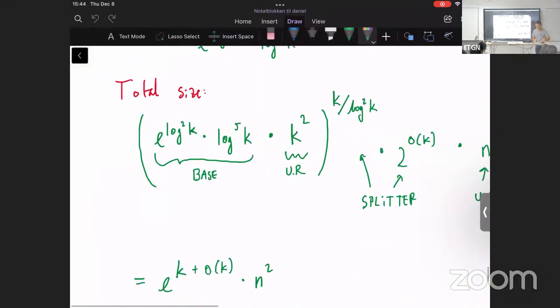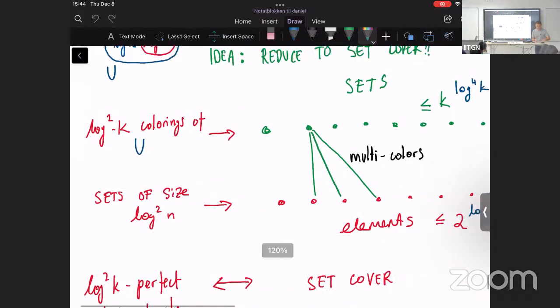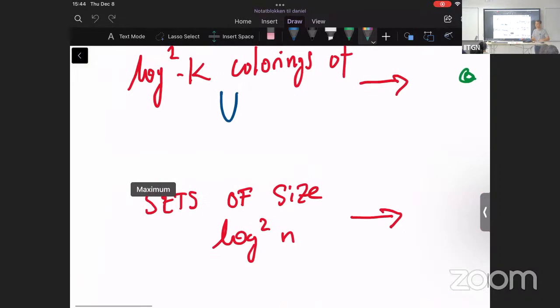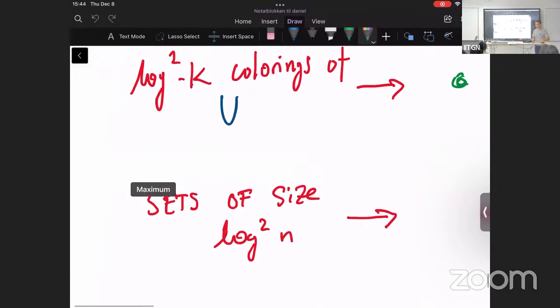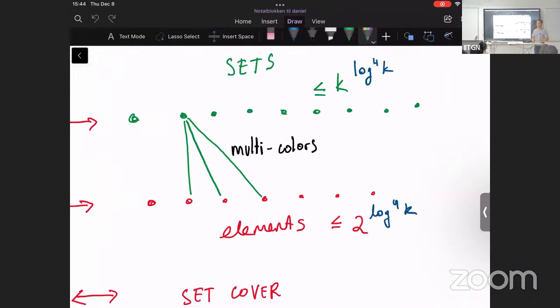So, okay. Here we go. We have a universe of size log to the 4th k, and in there are sets of size log square k. For each set of size log square k, let's make an element of our set cover instance. How many elements are there? Well, not more than 2 to the power universe size. That's a gross overestimate, but I don't care.